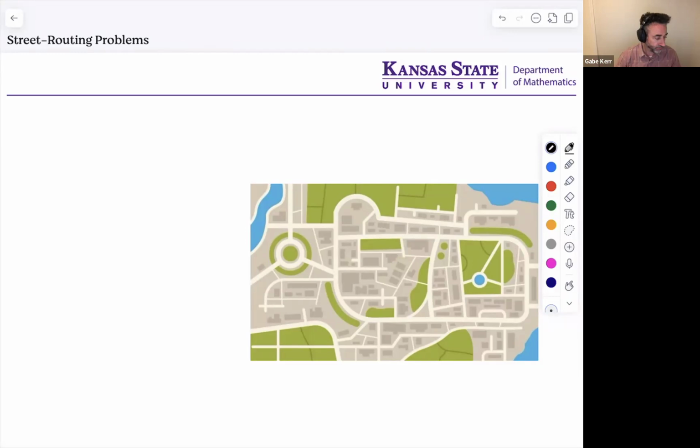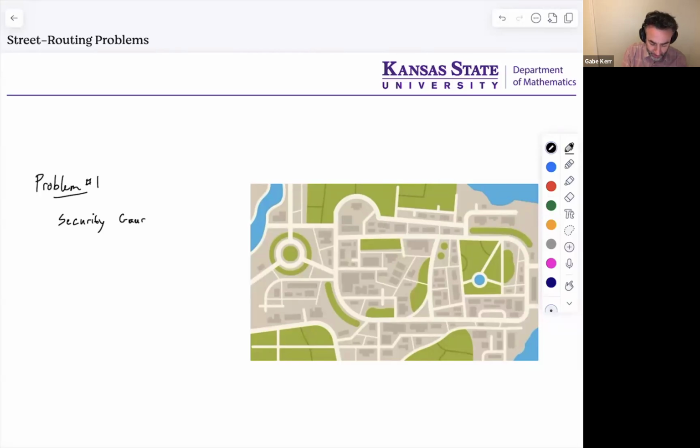So I just want to talk about a few of these. One of these problems is called the security guard problem. So what is this about?